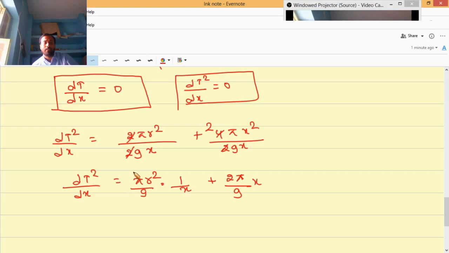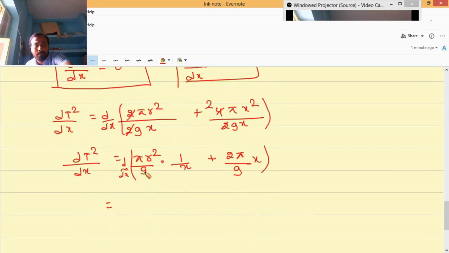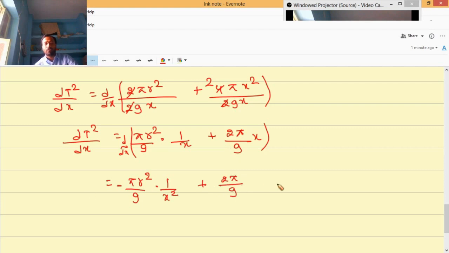So now if we differentiate this term with respect to dx, what we will be getting is pi r square by g, and there will be a minus term, and then it will be 1 upon x square, plus this term will be 2 pi by g only.